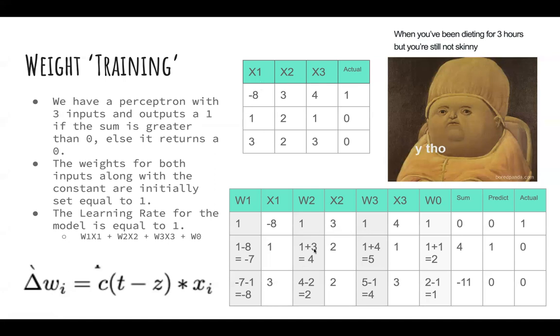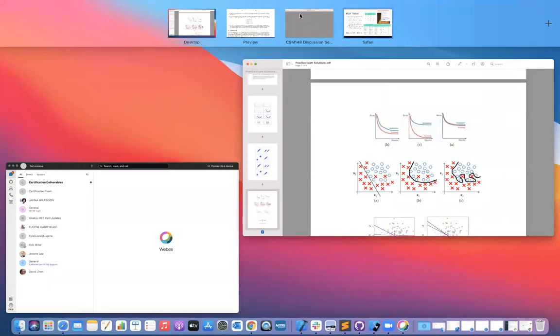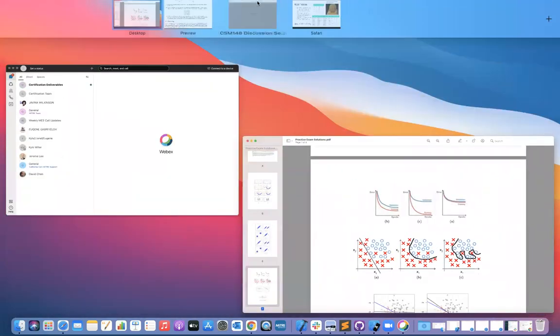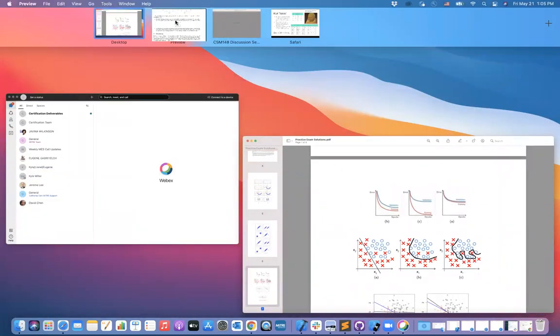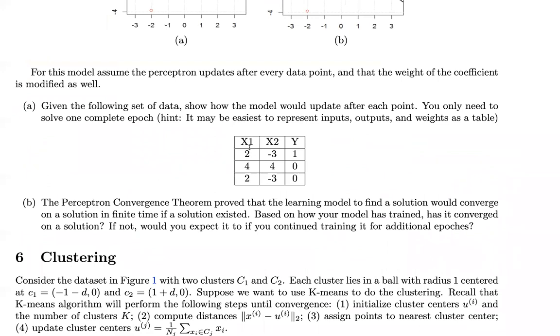Remember, these values come from this table here. You're given these values for X in your data table and the actual prediction associated with each. Just like in our exam, it's this table here: these are my actual X values, and this is my actual prediction.